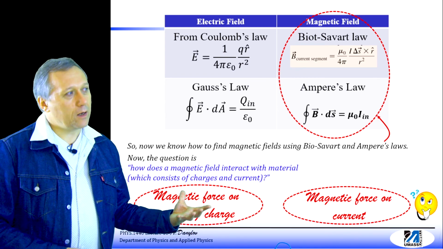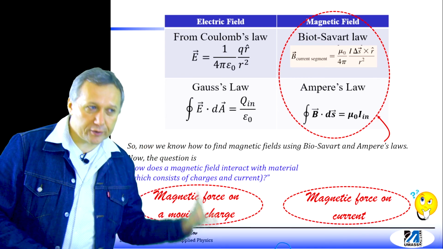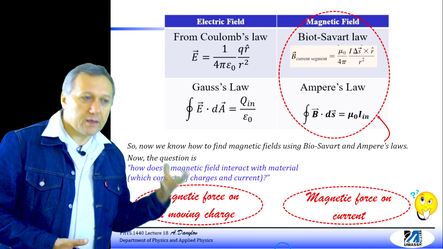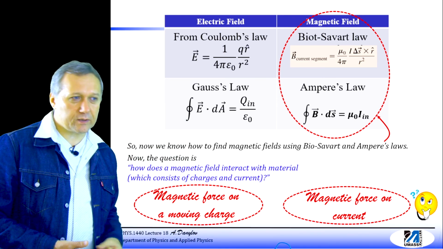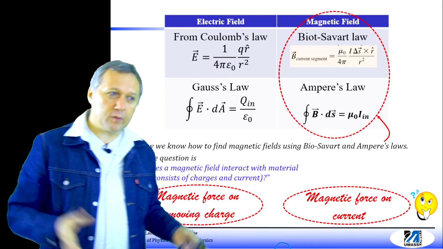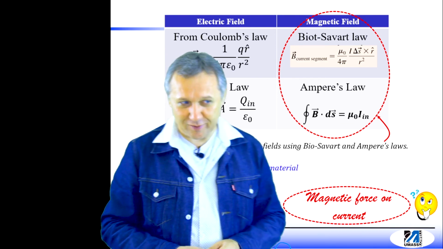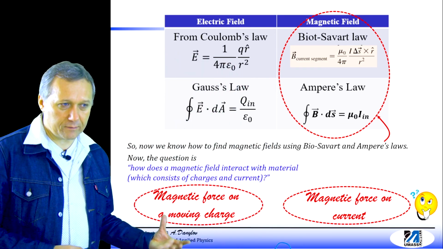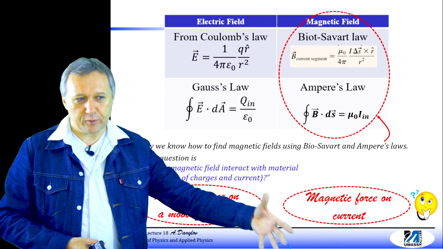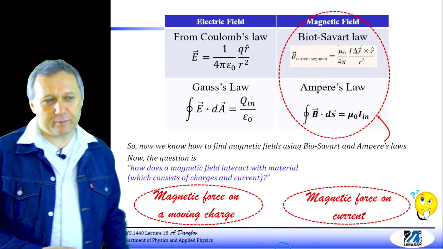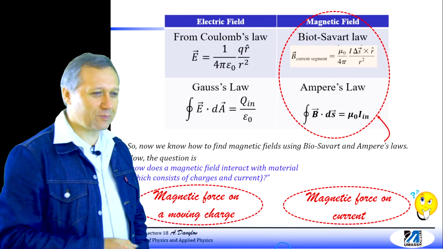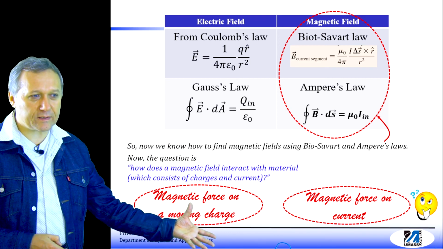And again, when we introduce Maxwell's equations, this formula, together with the formula for the electric force, will be added to the set of Maxwell's equations to form the overall foundation of electromagnetism. So this is a very, very important formula, right? And again, the other one is just very practical, right? Because most of the time in our life we deal with currents, not just with moving charges. Although there are enough moving charges. Okay, so let's start with this first.